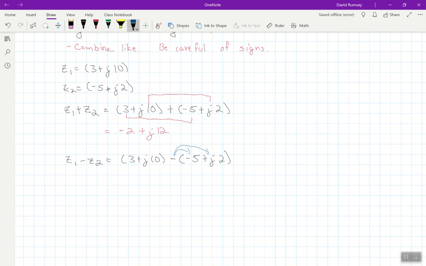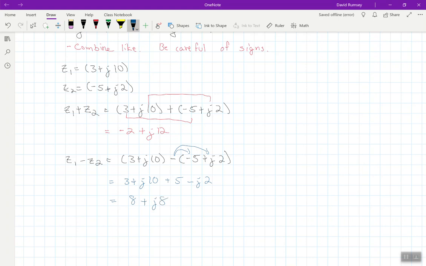Sometimes it might be useful to write one more line down, and this would be 3 plus J10. Distributing that negative sign, I'd have minus negative 5, which would be plus 5, and then minus positive J2, which would be minus J2. And then, of course, we combine like terms again, and we get 3 plus 5, which is 8, 10 minus 2, which is 8, so I get 8 plus J8.